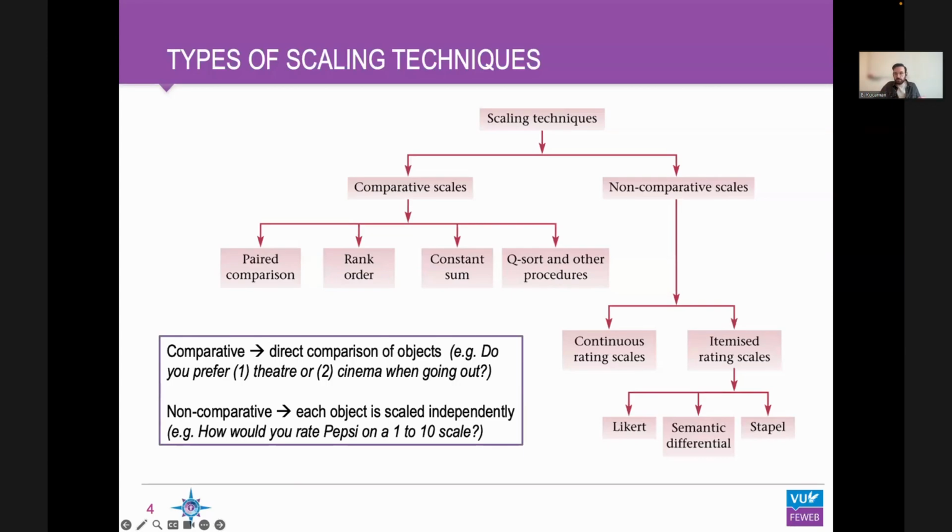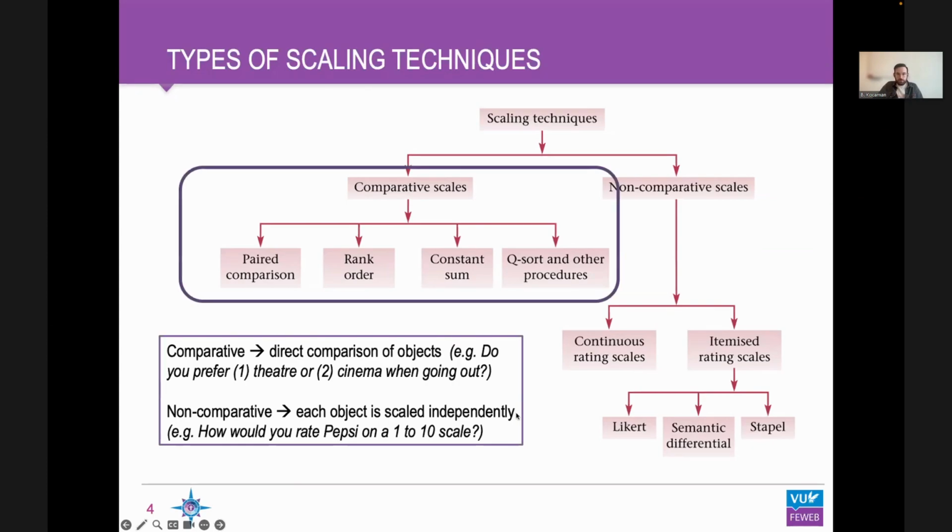For instance, you might ask respondents to rate Coke on a scale from 1 to 10, where 1 means horrible and 10 means very nice. Then maybe in the next question, you ask to rate Pepsi on the same scale, and this would be independent from Coke, right? So this is the intuition behind comparative versus non-comparative scales.